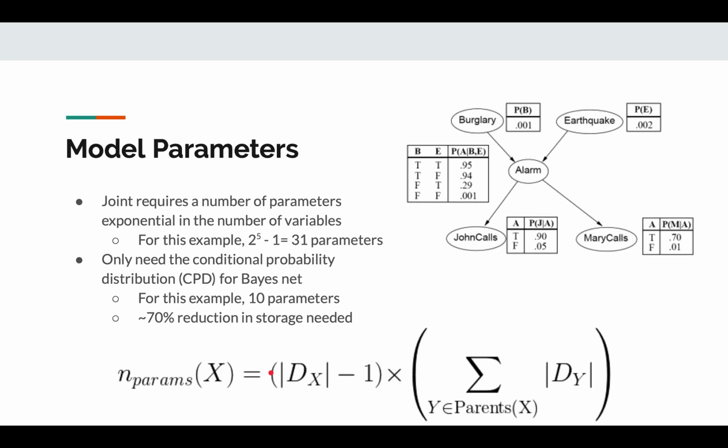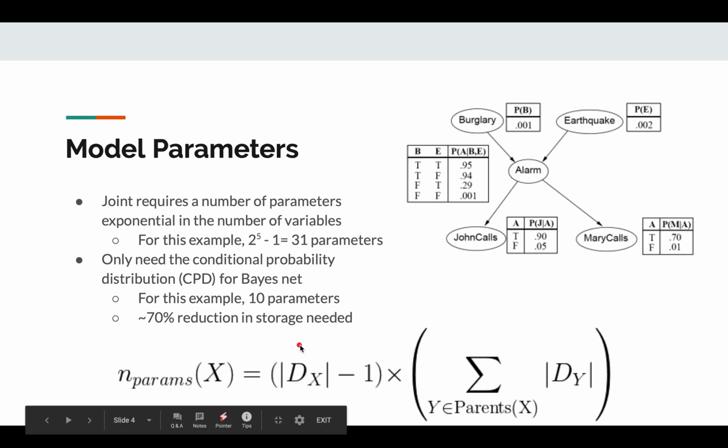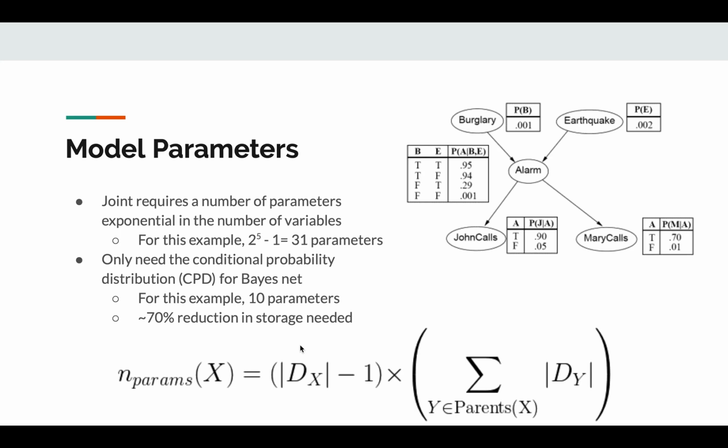And then something else of importance to specify is the model parameters. And this is where we can really see the advantages of a Bayesian network. If we wanted to store a table of the joint probability distribution for this network, we would need 31 rows in that table, or 31 parameters, which is a lot because the number of parameters would be exponential in the number of variables, because this has 2 possible values, this has 2 possible values, and so on.